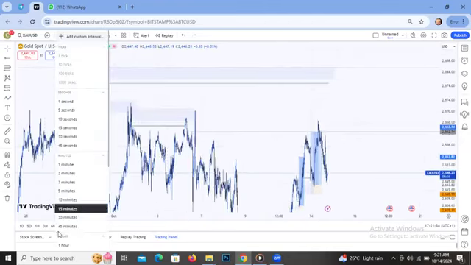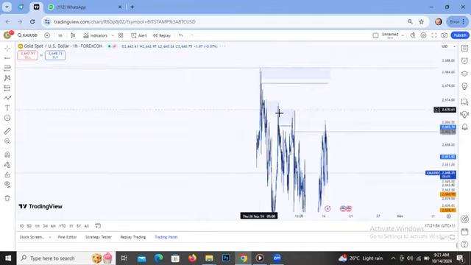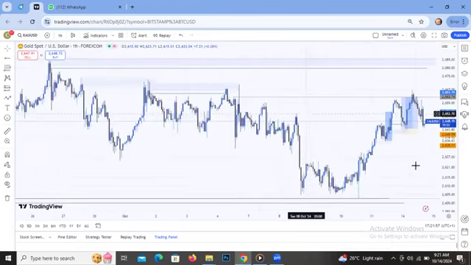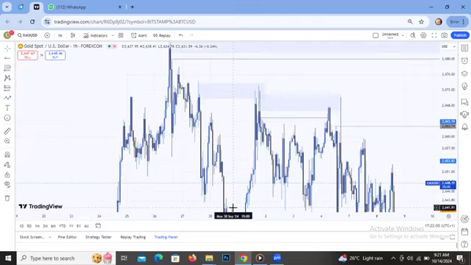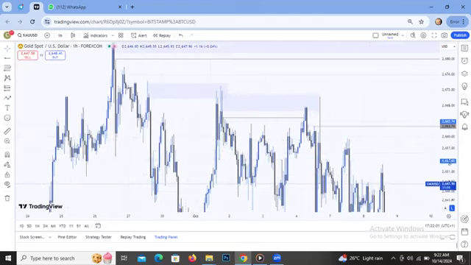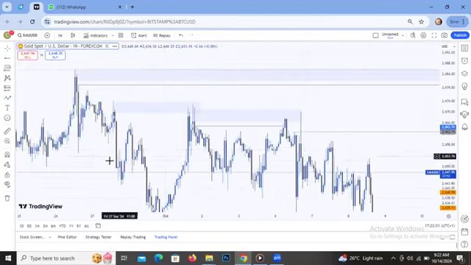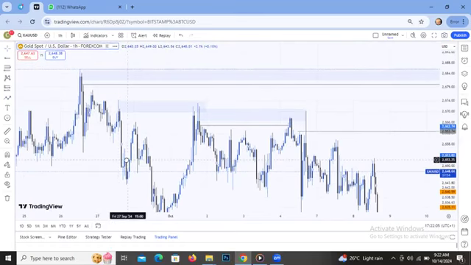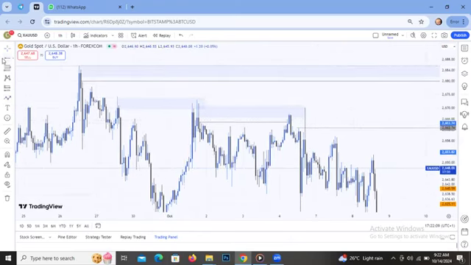Here now, if you open on the hour, let me show you guys on the hour, we have this structure. We have this structure. We have this structure, right? And what did the market do? The market broke the structure immediately.